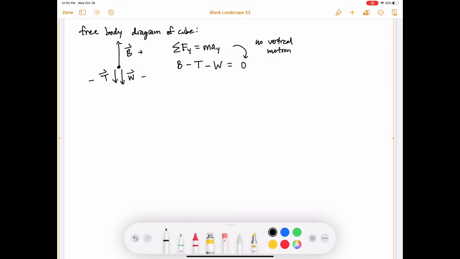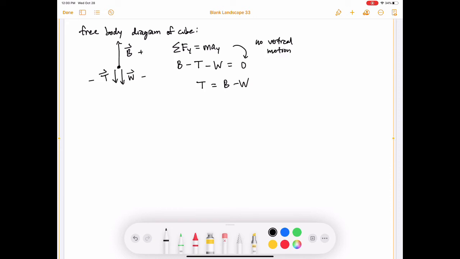If we want to find the tension, that would just be B minus W, the difference between the buoyant force and the weight. That gives us the tension in the string. So we just need to write down expressions for the buoyant force and the weight.